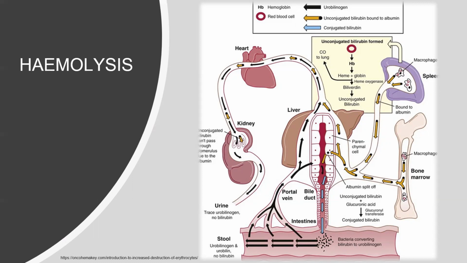This is what we need for bilirubin to be excreted. It is called conjugated bilirubin. Bilirubin that is released from macrophages is called unconjugated, and after the liver, it becomes conjugated.